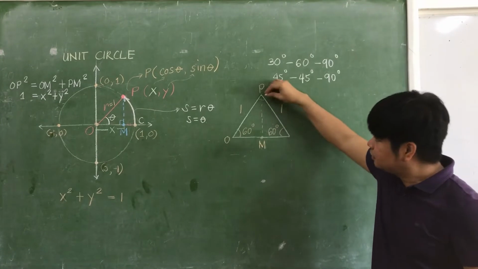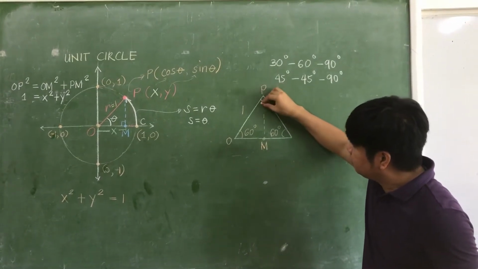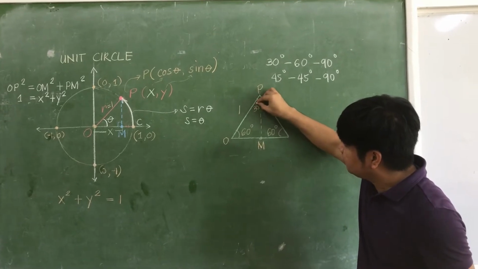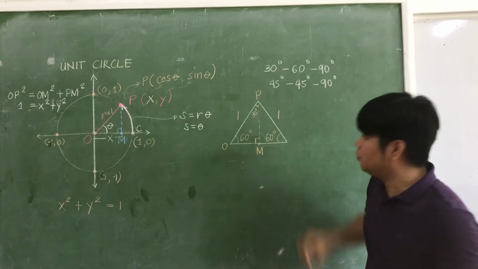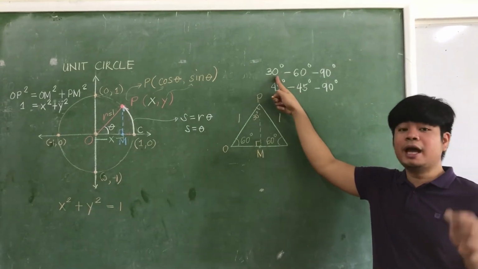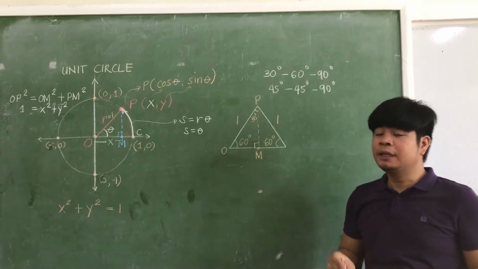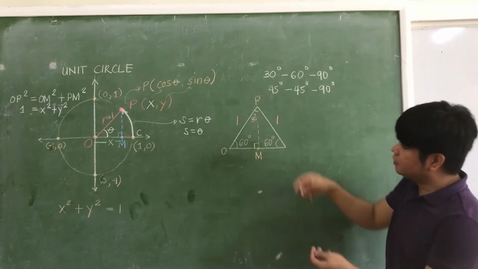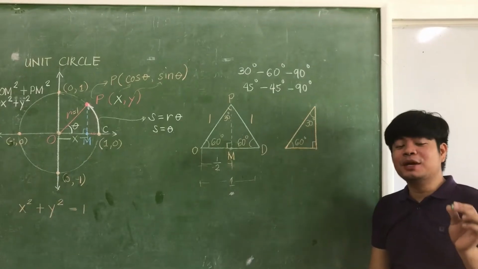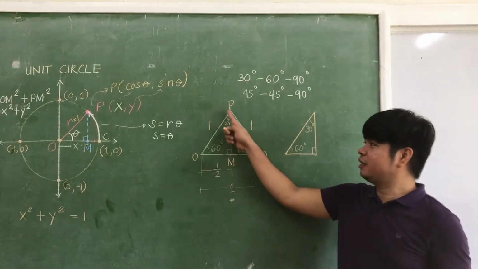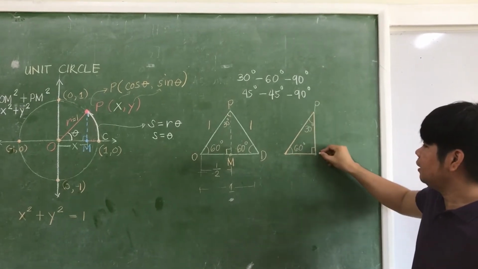Half of this will give us 30 degrees, and a right triangle is being formed. Now we have the 30, 60, 90 degree right triangle here. Originally this was 60 degrees, but now we are just interested in the triangle PMO.